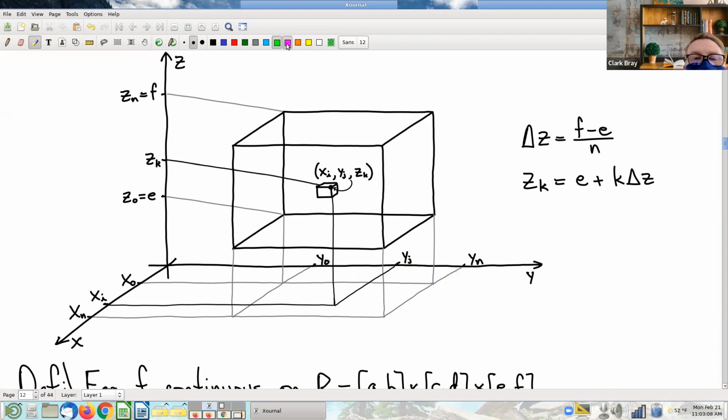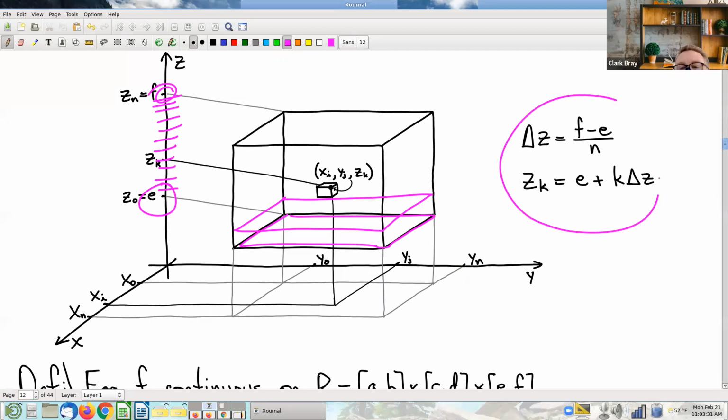What's new is that when I'm slicing like this, then I am effectively slicing up the z-axis, and same pattern, right?